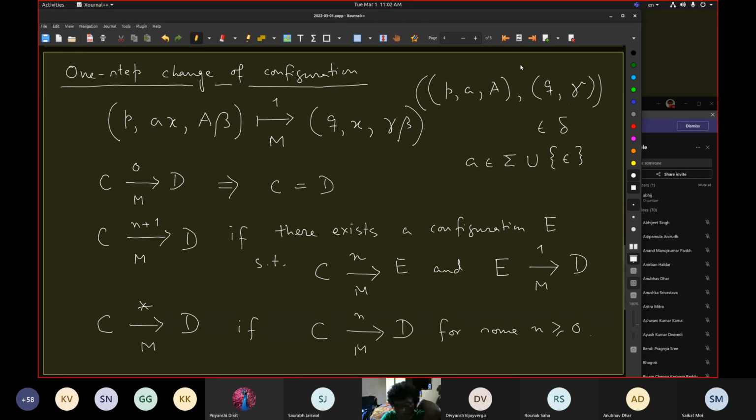Okay, so now we have sufficient notations to define the language of a PDA M with the usual notations, Q, sigma, gamma, and so on.